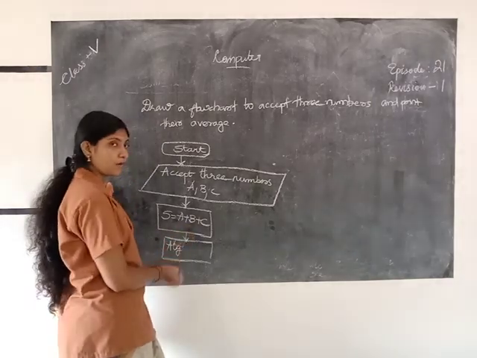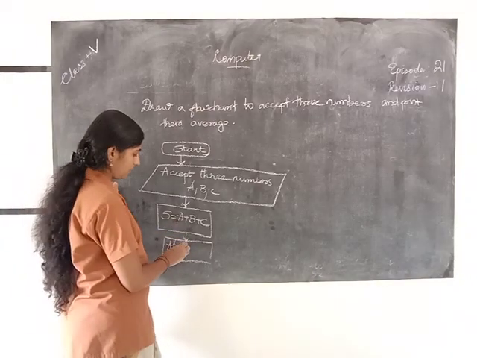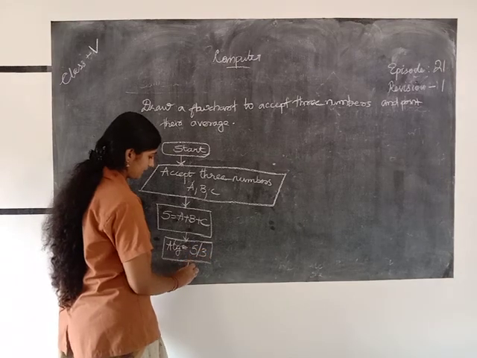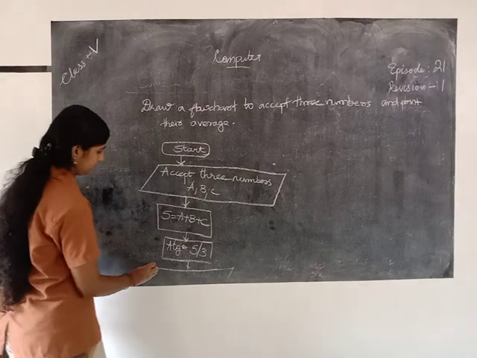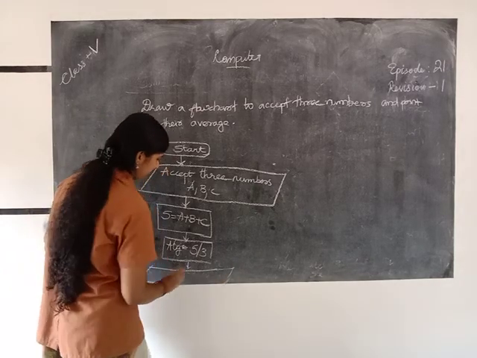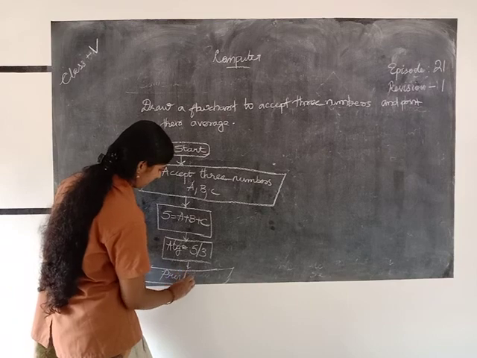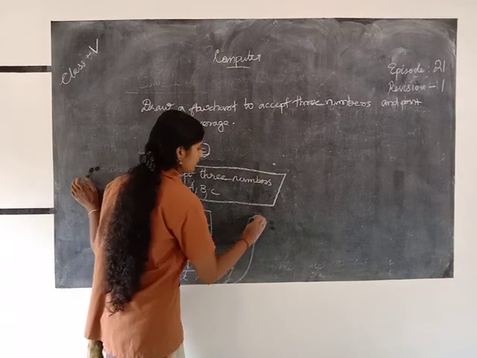These are two processing instructions, so they must be held in a process box. Then next, print average. Print AVG. Then next, stop.